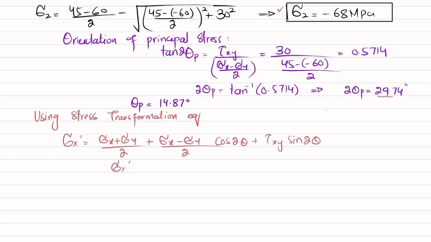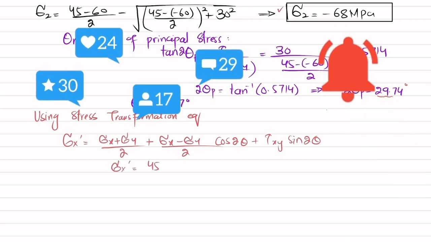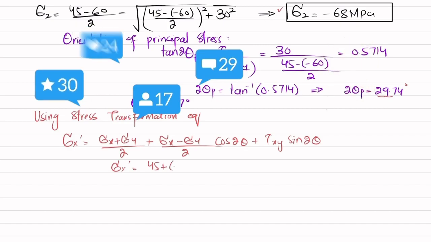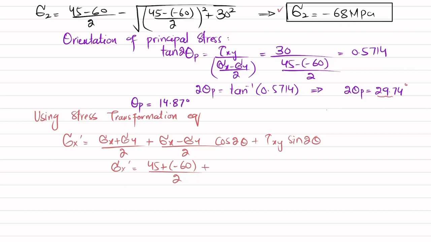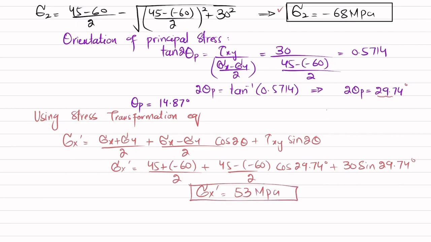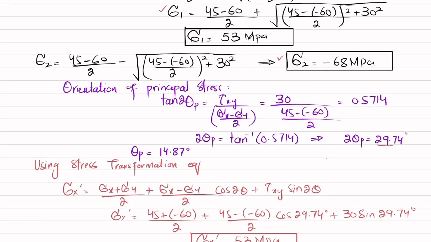So when you put the values, you get 45 plus minus 60 divided by 2, plus 45 minus minus 60 divided by 2 into cos of 29.74 degrees, and this positive means counterclockwise, plus tau of xy, which is 30, into sine of 29.74 degrees. When you calculate, you will get sigma x dash equal to 53 megapascal. It means you can see this is sigma x and sigma 1 is 53.